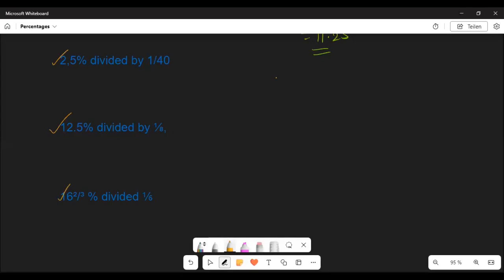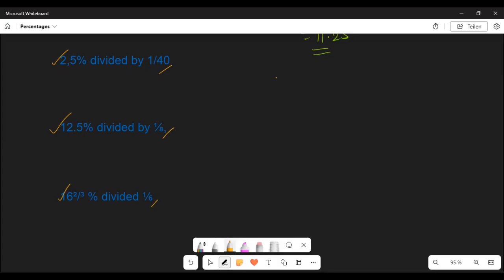So this becomes interesting. In this case now, if someone asks you, can you calculate 2.5% of a number, just divide that number by 40. If it's about 12.5%, just divide that number by 8. If it's 16.67%, just divide the number by 6.